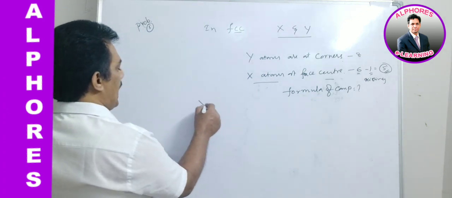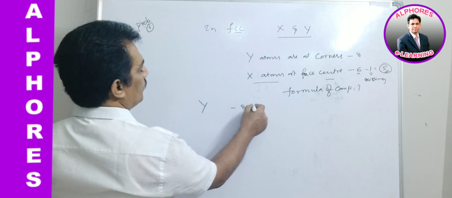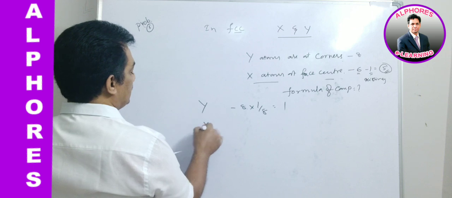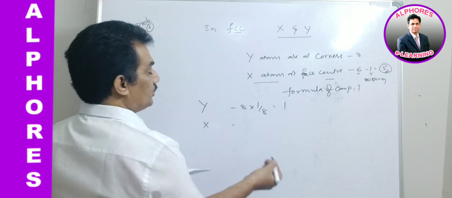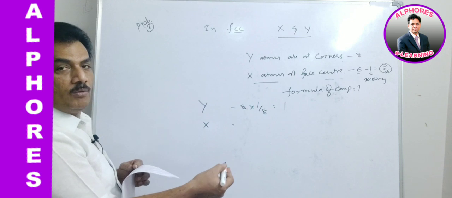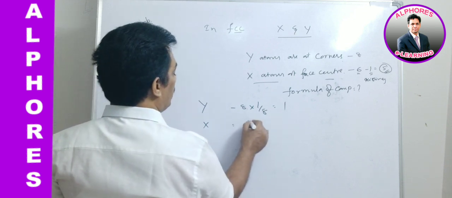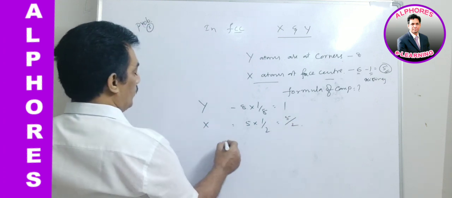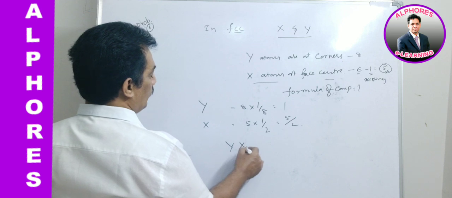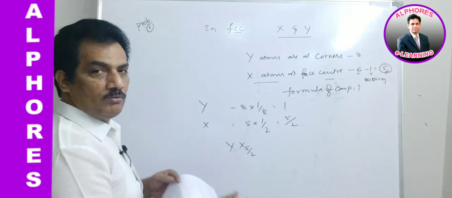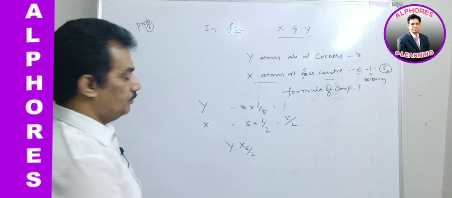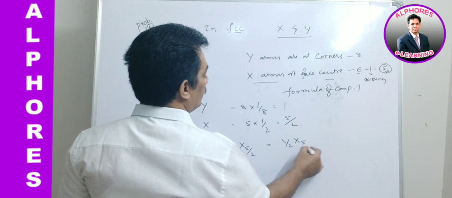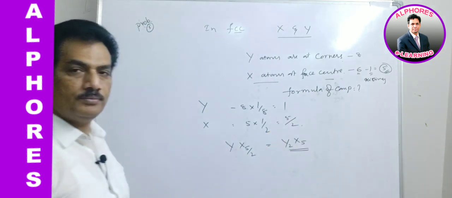Y atoms is nothing but 8 into 1 by 8, that is nothing but 1, and X atoms, actually it should be 6, but here only 5, so 5 into 1 by 2, that is 5 by 2, and now it is Y X 5 by 2. To clear the fraction, we have to multiply both the two atoms with 2, and then what we are getting? Y2 X5. This is the formula of the compound.